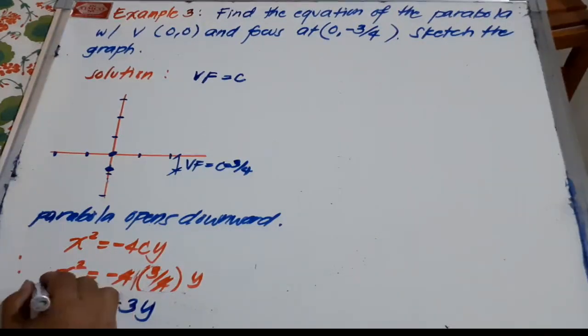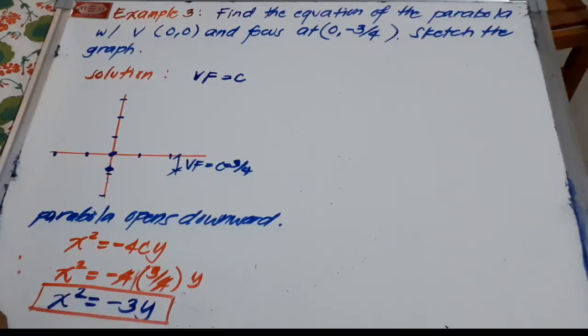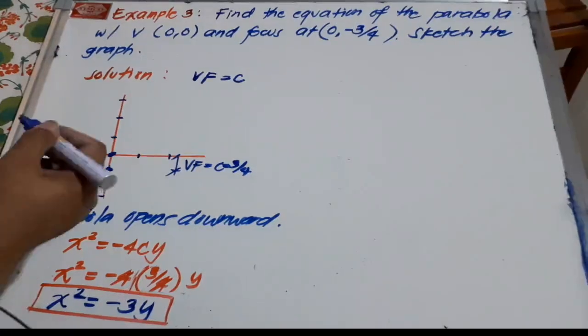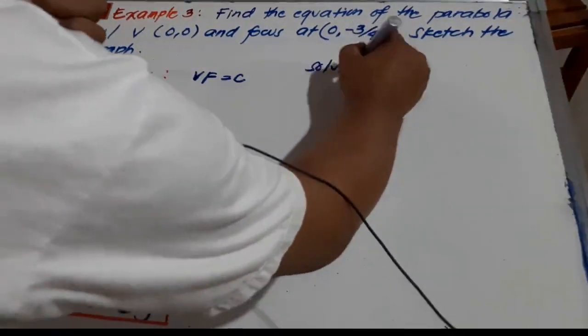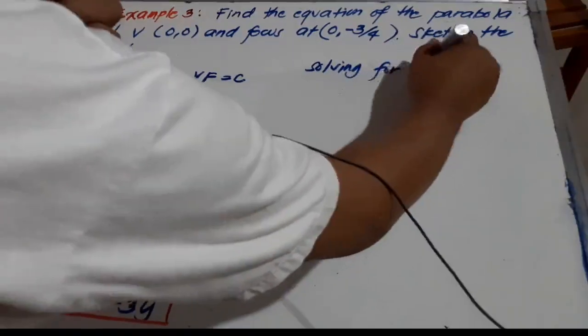This is the equation of the parabola with vertex at the origin and focus located at 0, negative 3/4. Okay, what is the next step? We need to sketch the graph of this parabola given these conditions. Paano natin sketch? We need the length of the latus rectum. Okay. Solving for LR.